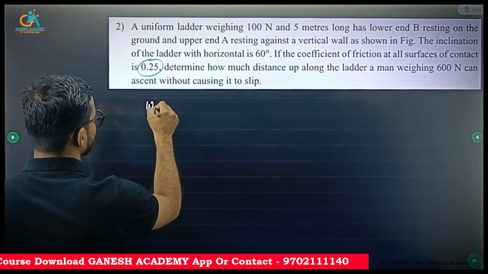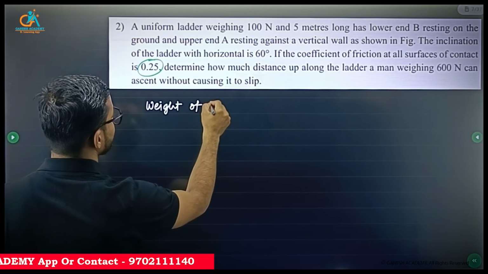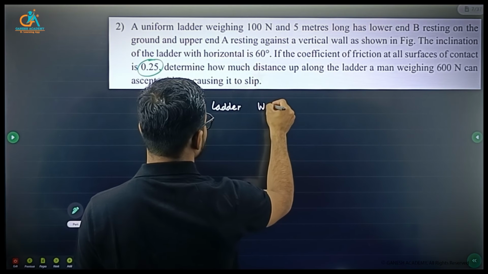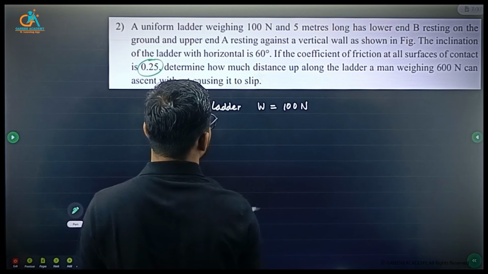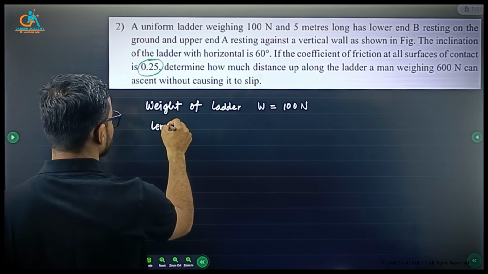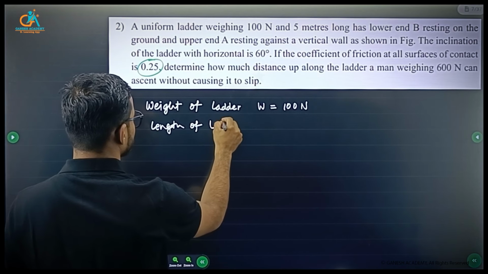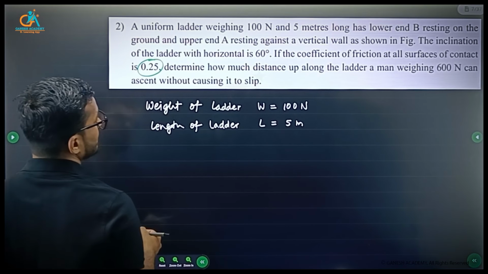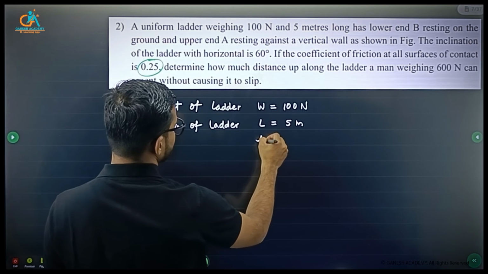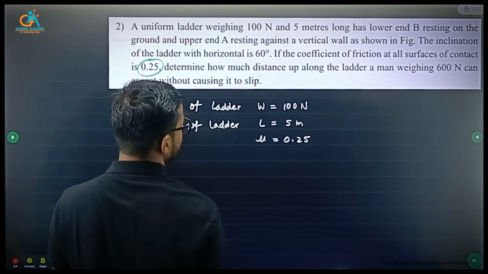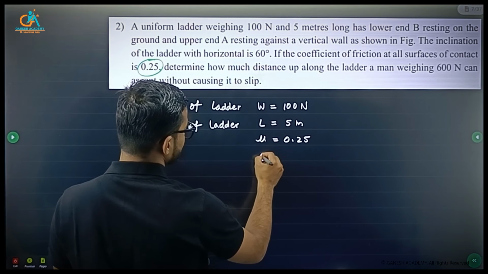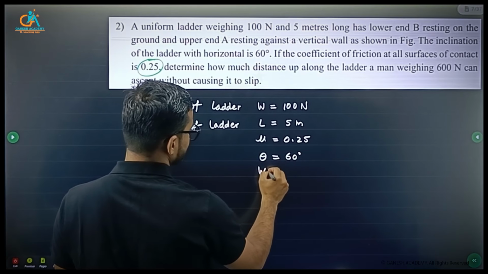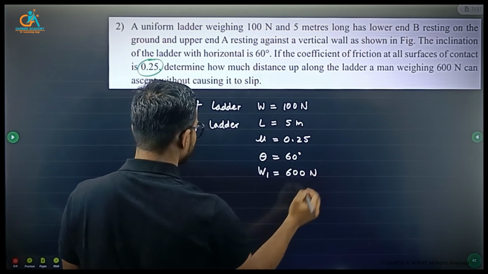Weight of ladder is given, then length of ladder is 5 meters, coefficient of friction at all surfaces 0.25, angle of inclination, let's say theta, is 60 degree, and the weight of the man is 600 Newton.